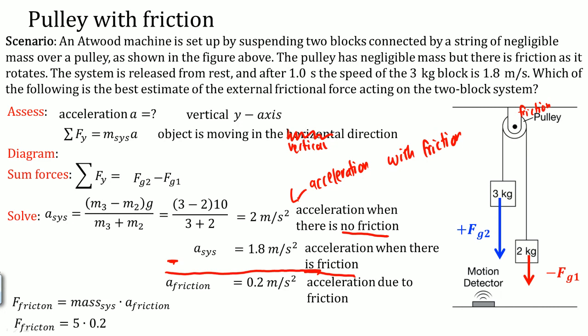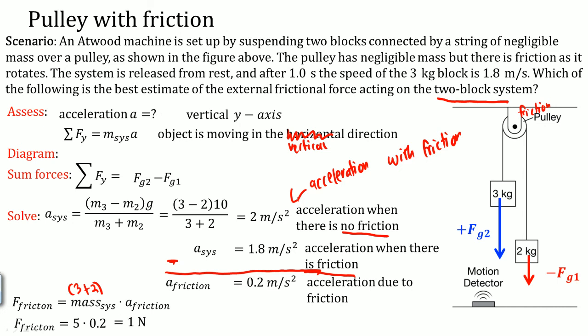The question asks about the force acting on the 2 block system, so please understand that this is the mass of the system. This is the 3 plus 2, and this is the acceleration of the system, which is 0.2. It's going to be 5 times 0.2, which gets you 1 Newton.